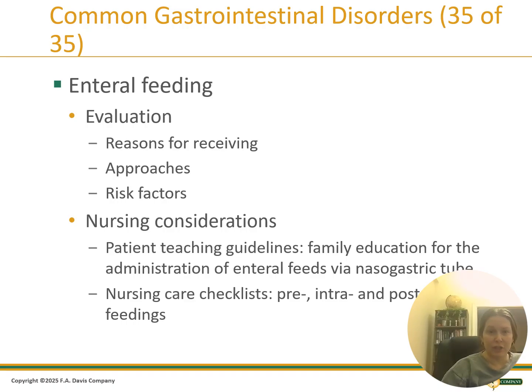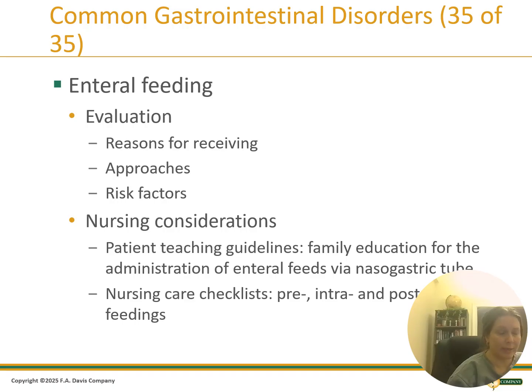For our nursing considerations, we really want to make sure that we are teaching our family how to safely administer these feeds, having checklists for them to help promote safety and adequate nutrition for these kiddos. So if the gut works, we want to use it.